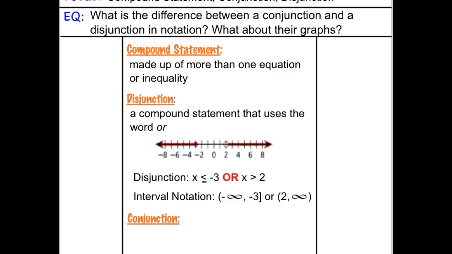One thing we want to make sure of: 9 times out of 10, your graph for a disjunction, or an or compound statement, will look like this, where they shade in opposite directions. Once in a blue moon, you will get where you shade from a given point this way, and then you also shade from a given point this way.